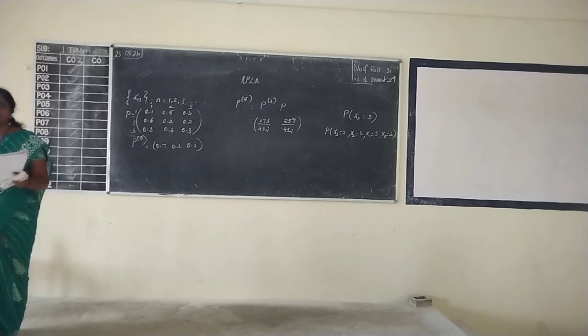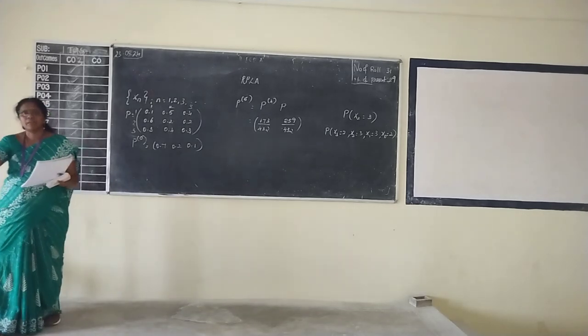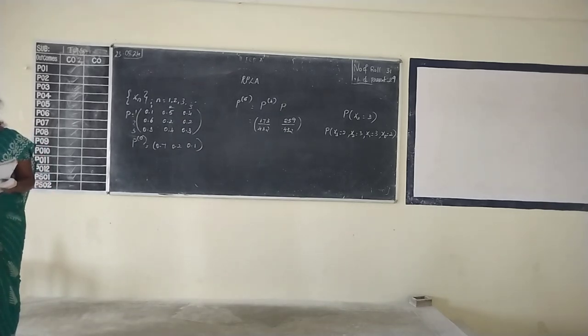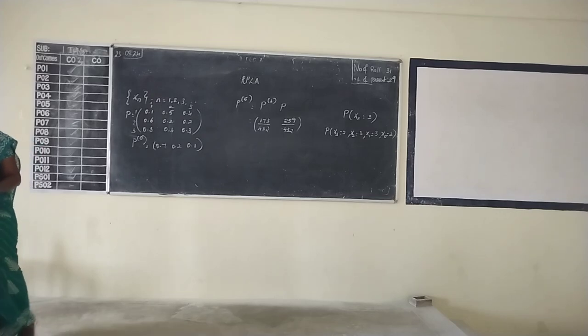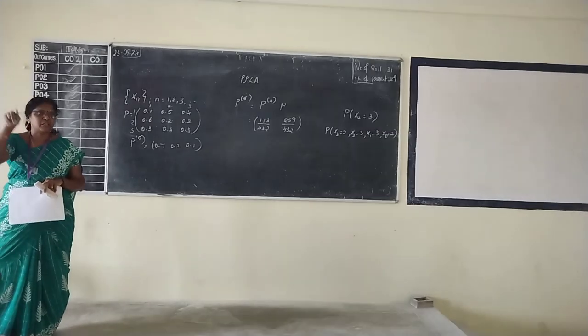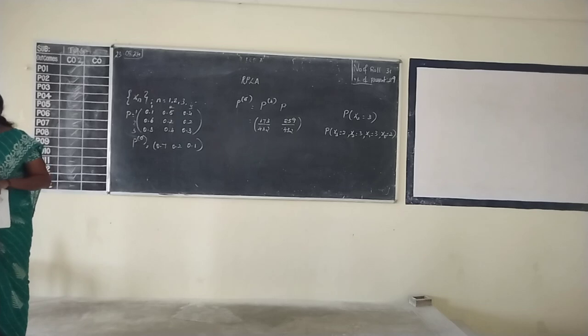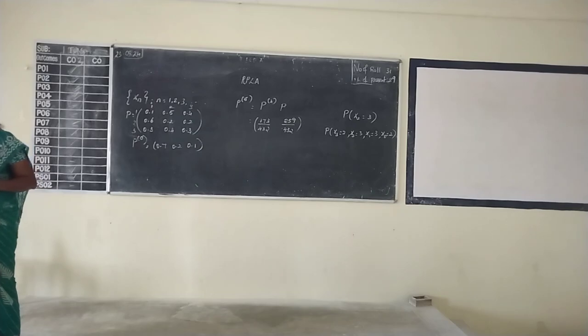What does this mean? What does the 3 on the right-hand side indicate? The state. And the suffix on X indicates the step. X2 equal to 3 means we have to find the probability value of state 3 in step 2.